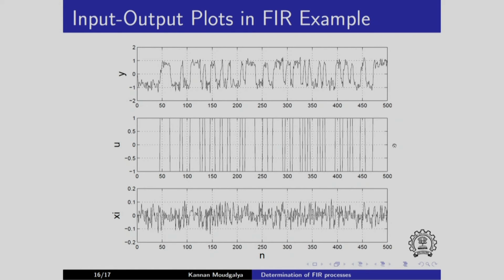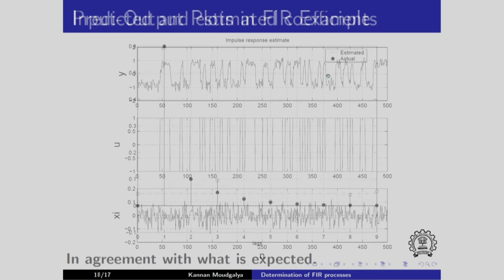What is more important to realize is that these signals, which seem to be useless, seem to contain no information at all, actually have all the information we want, which will be demonstrated in the next few slides.